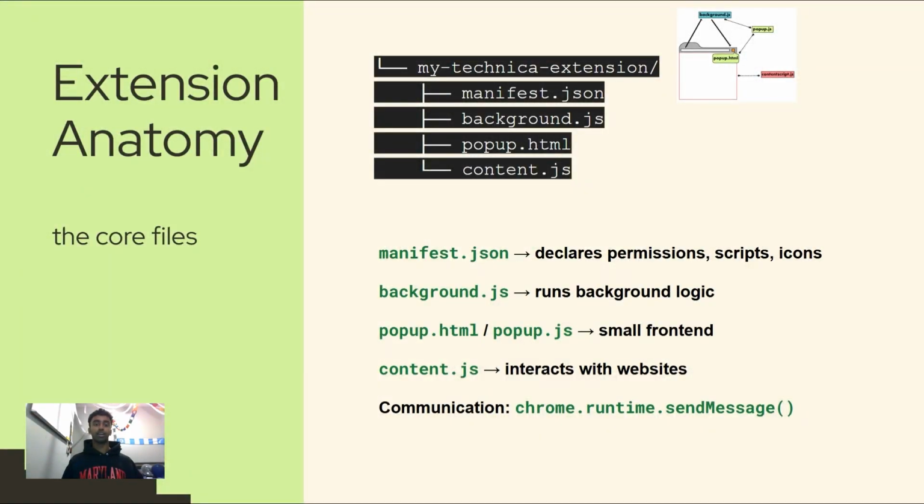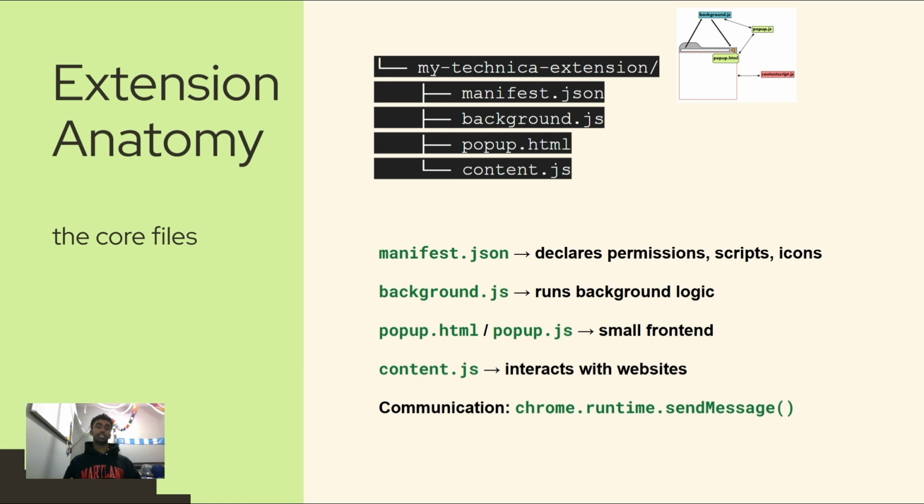Every Chrome extension requires these main core files. We have the manifest.json, which is going to define your permissions. We have the background.js file, which will run the background logic and have the bulk of your Chrome API interaction. We have the popup.html/JavaScript, where you define your front end.